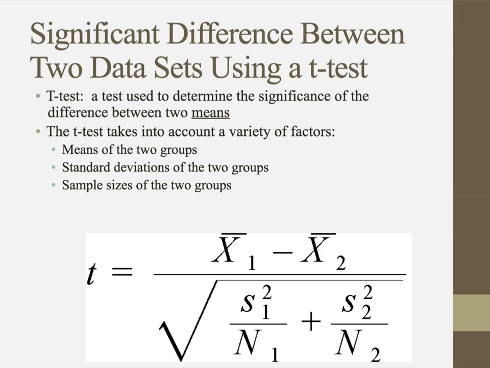When we calculate it, and again, we're going to be calculating this using spreadsheets, so you'll never have to do this by hand, but it takes into account the means of the two groups and then other factors that we tend to forget about, including the standard deviation or variability, and the sample sizes also play a part as well.